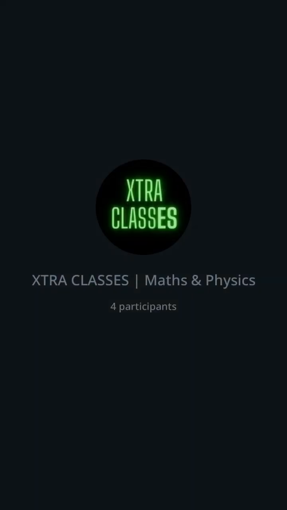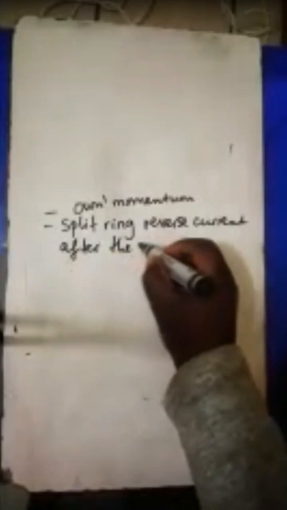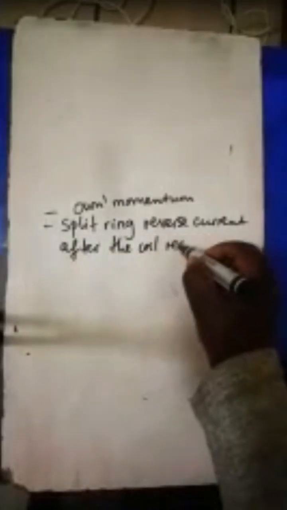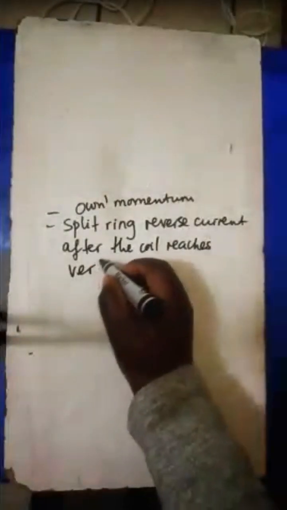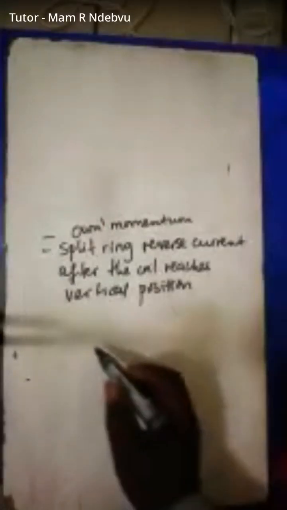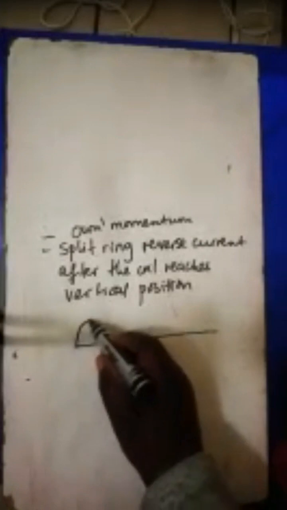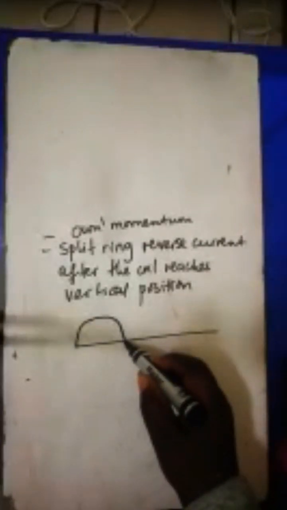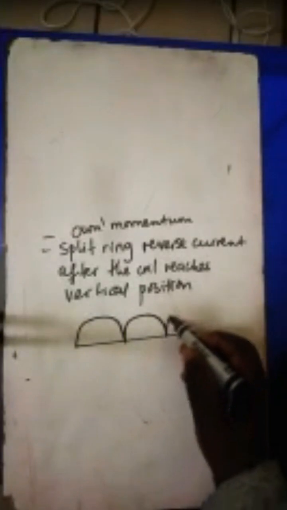The split ring reverses current after the coil reaches the vertical position. That's why in a DC motor, current is not reversing after every half cycle. Current maintains the same direction. When it is at the vertical position, there we go, this is a DC motor, where you have got a commutator.